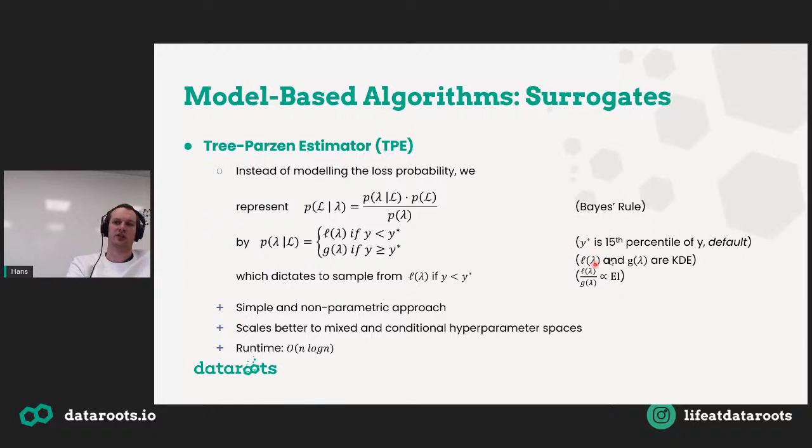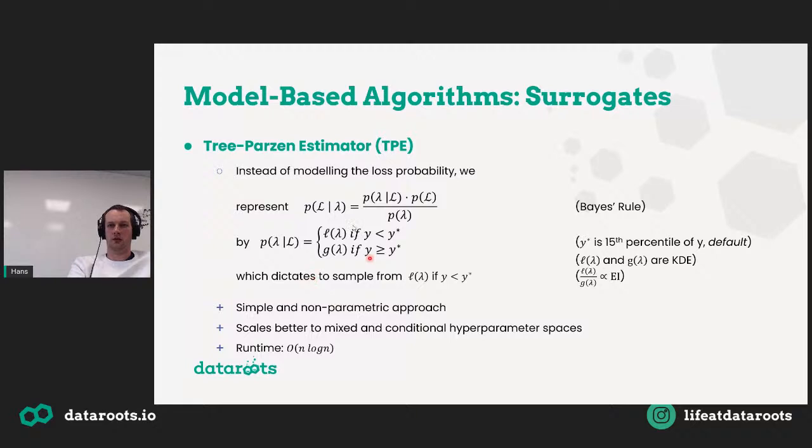Usually you use a cutoff of about the 5th percentile of everything you already observed to find, okay, this is promising, this is good. And you build a different kernel density estimator for those below your threshold, which are actually bad or worse than what we already had.